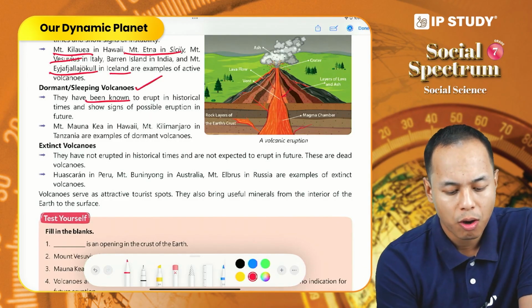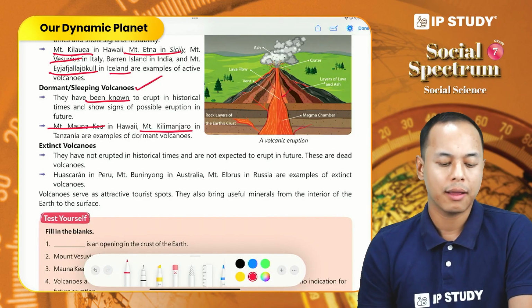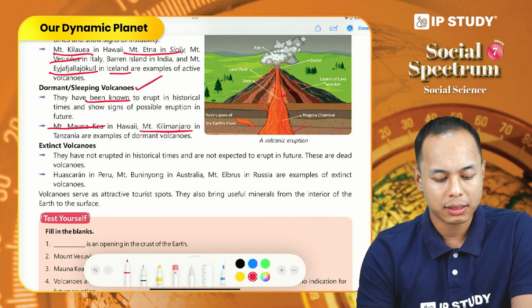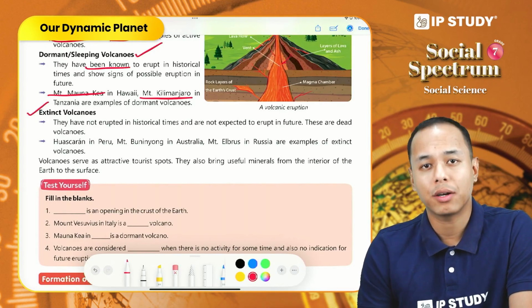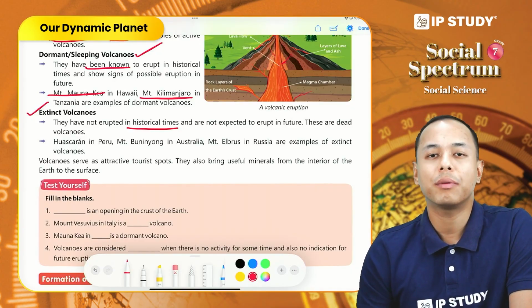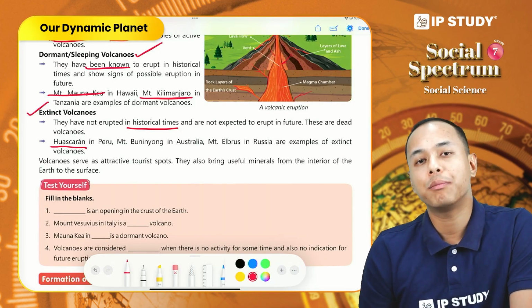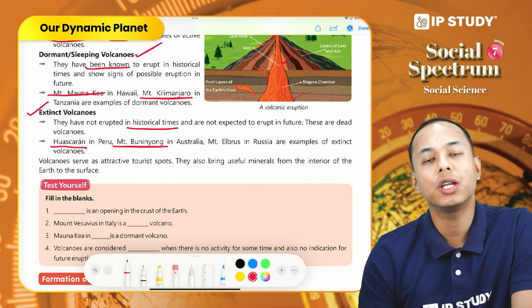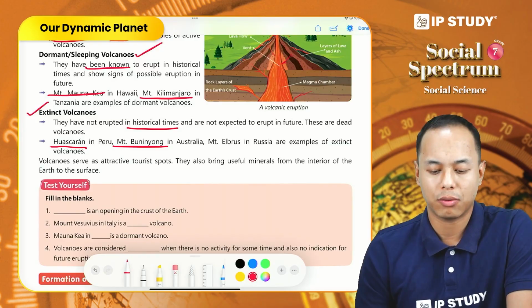For example, Mount Mauna Kea in Hawaii and Mount Kilimanjaro in Tanzania. And lastly, extinct volcanoes. They have not erupted for a long period of time, and they are not expected to erupt in the coming future. For example, Huascarán in Peru and Mount Buninyong in Australia. So these are examples of extinct volcanoes.